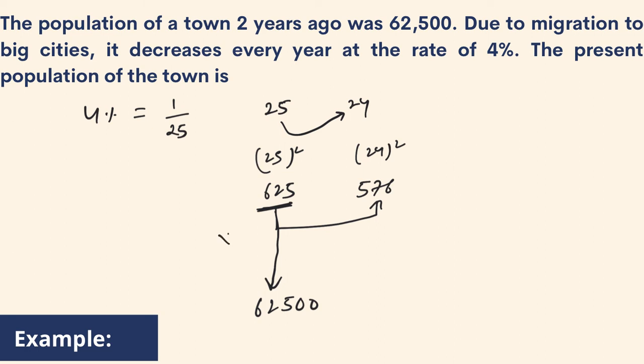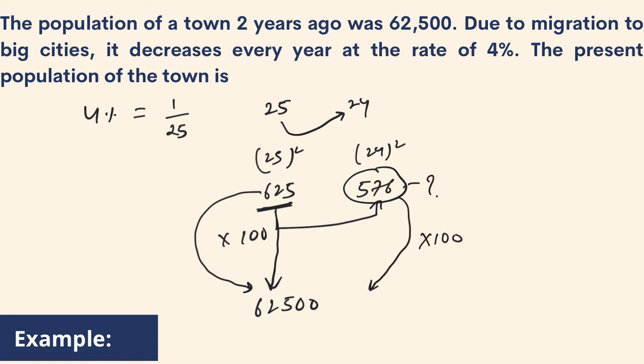So when I multiply by 100, I can get from here to here. So same, and in the question asked this value, so I will multiply this number by 100, so I will get 57,600. So this is the current population. So without using formula you can do this by this method, or by using formula we can solve.